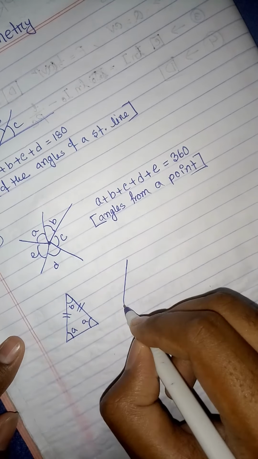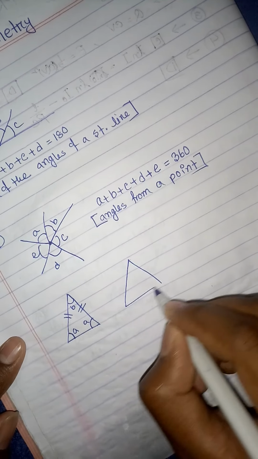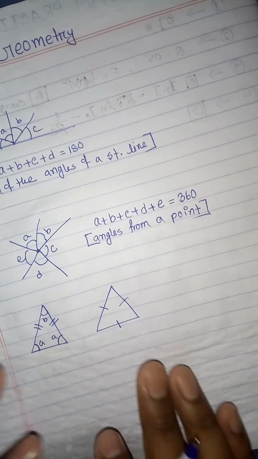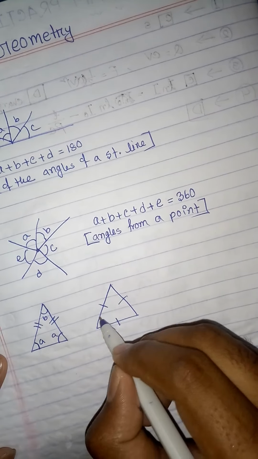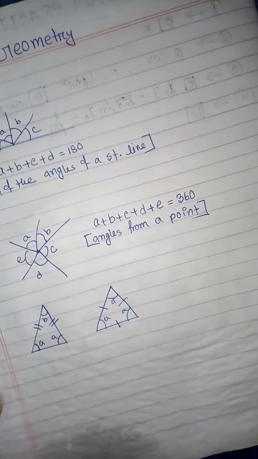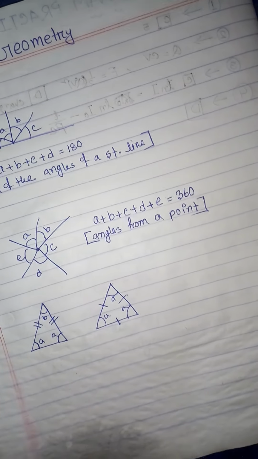And if the triangle is given like this, that means all the angles are equal, A and A.